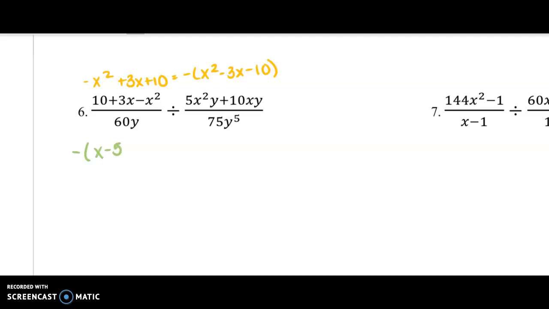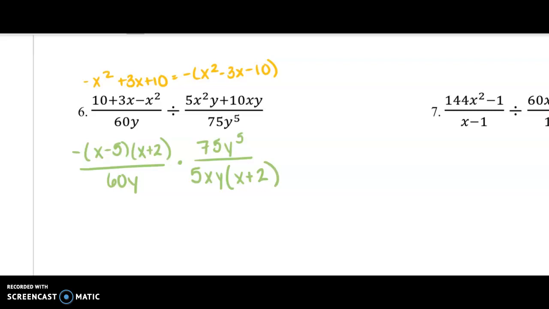That's x minus 5 times x minus 2 over 60y times, I'm going to flip this to be 75y to the 5th over, and I can take out a 5, I can take out an x, and I can take out a y. So I would be left with x plus, oh, I'm sorry, that should be x plus 2 up there.